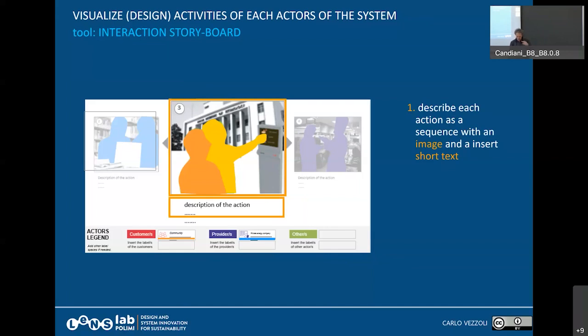So you will describe, and each actor is identified by a given color. This helps the strategic conversation if you are co-designing with the other stakeholders, so one recognizes if it's an organization or a company.